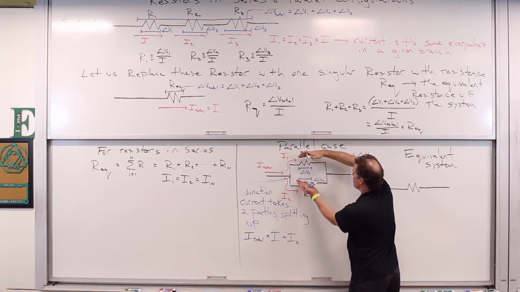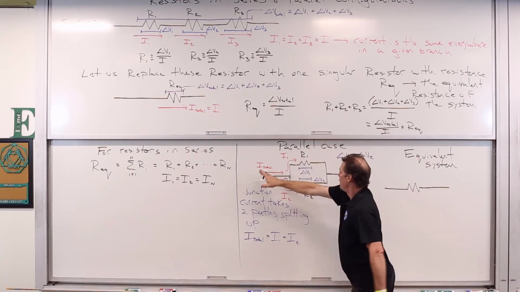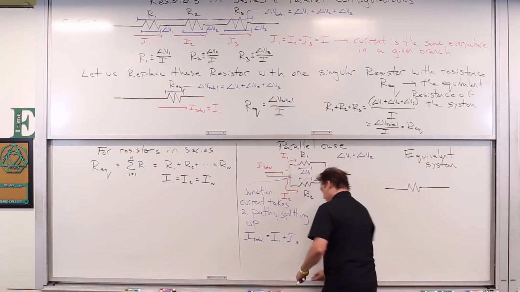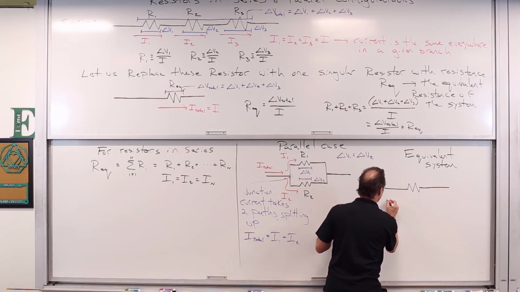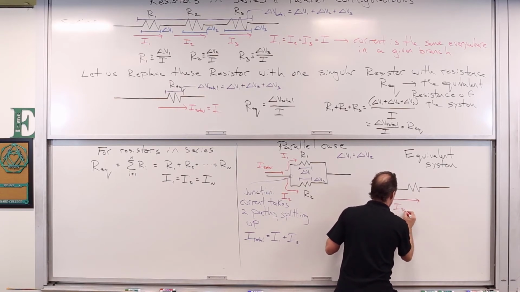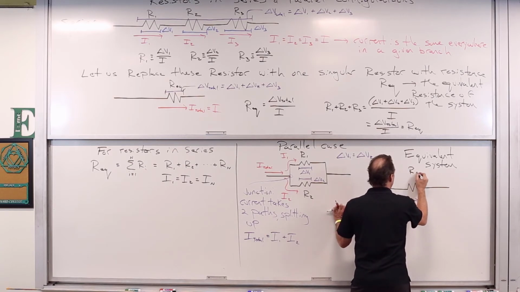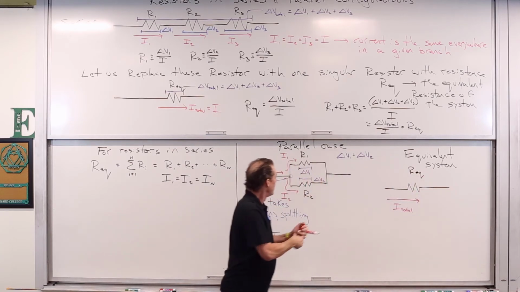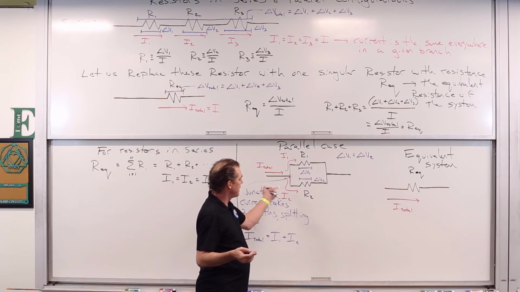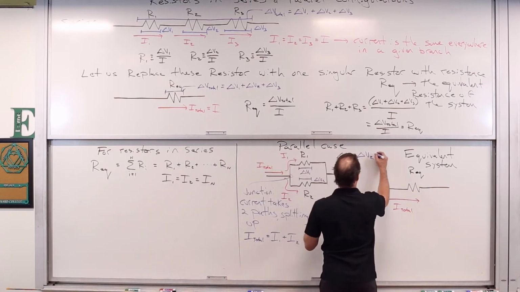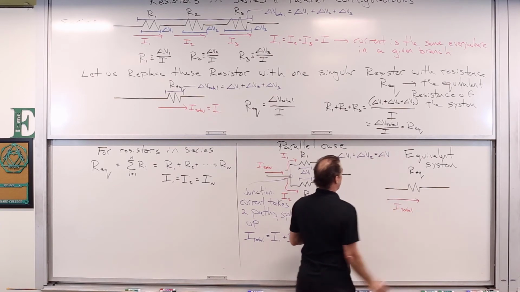Well, if we take these two and meld them into one, we just have one total current, right? We're not going to change the current. So here we still have ourselves I total going through. We've got ourselves Req is the resistance of this resistor. And we have that the potential difference is equal to delta V1 is equal to delta V2, which we can just really call delta V.